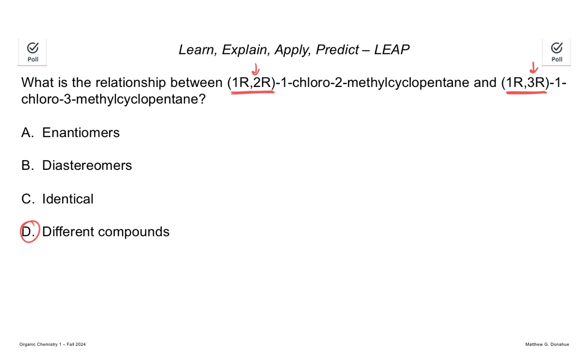So the enantiomer of this, again, would be the 1S, 2S. This would be 1S, 3S.